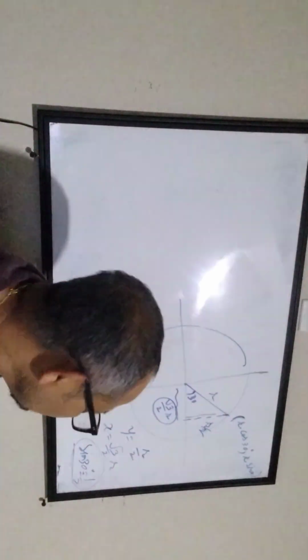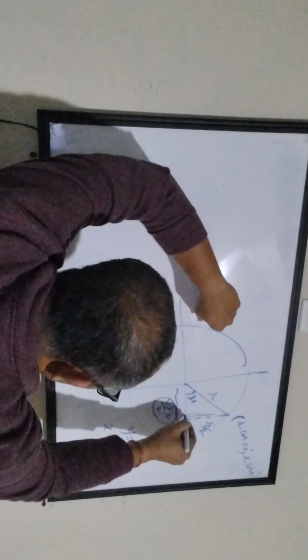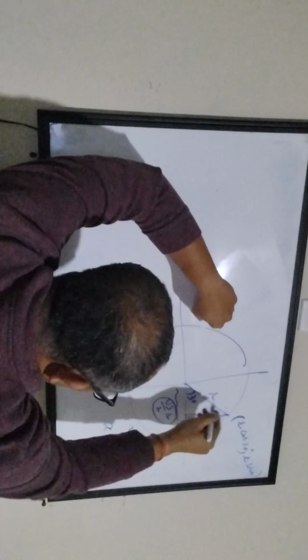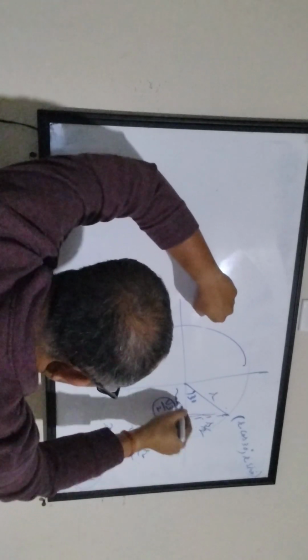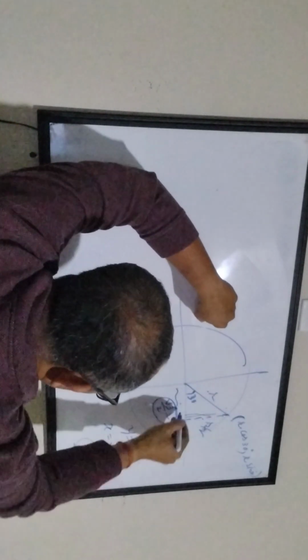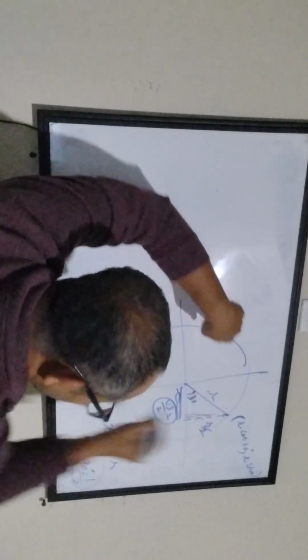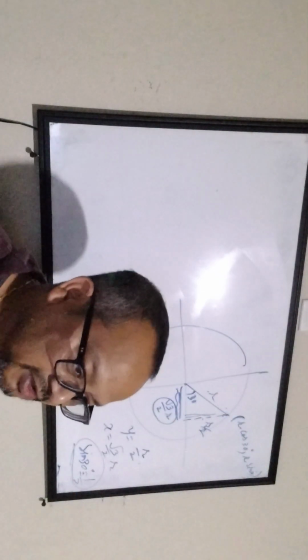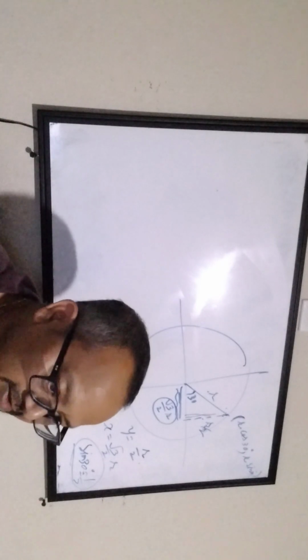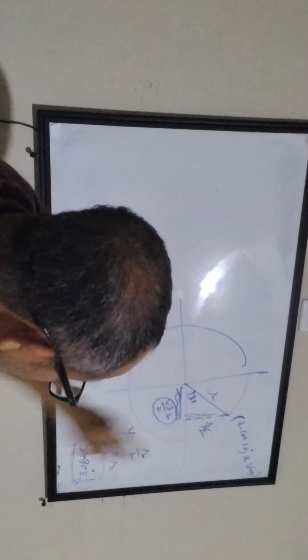Yeah, it's because of 30, 60. So this is r by 2, this is r. If you look at the Pythagorean theorem, this square plus this square will be this square. So from that we get this value as root 3 by 2 times r. So this gives you the x and y coordinate.